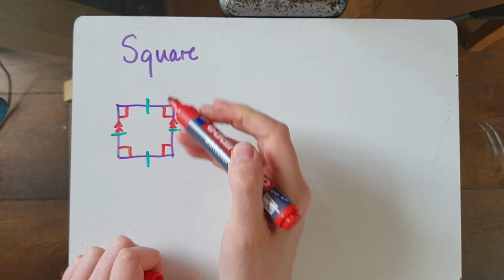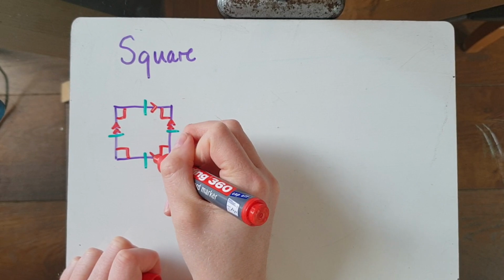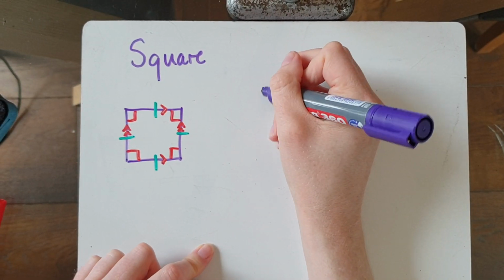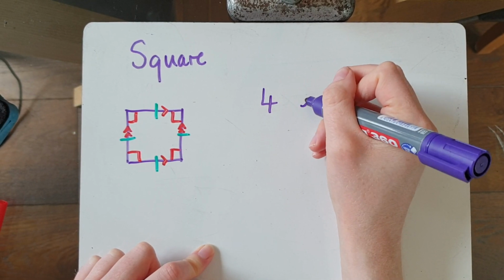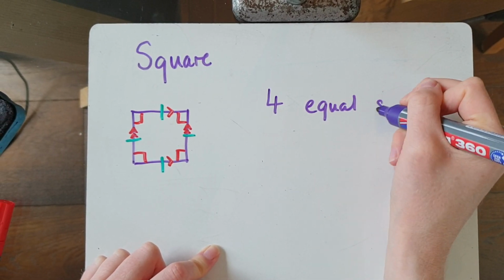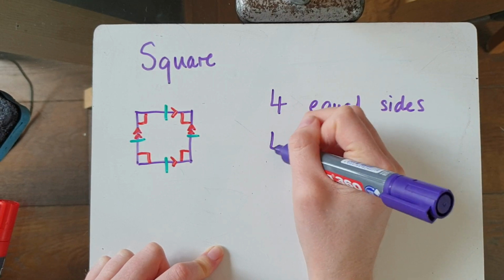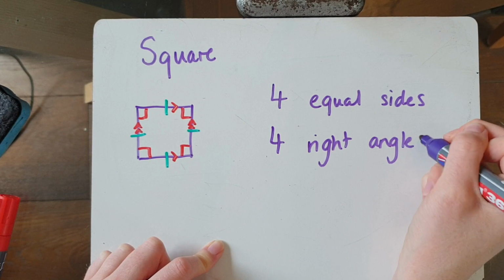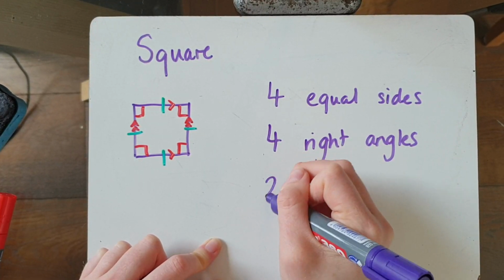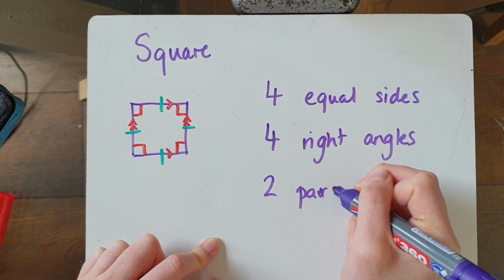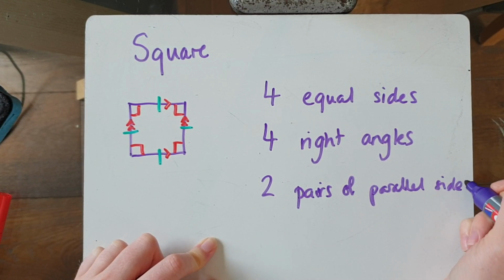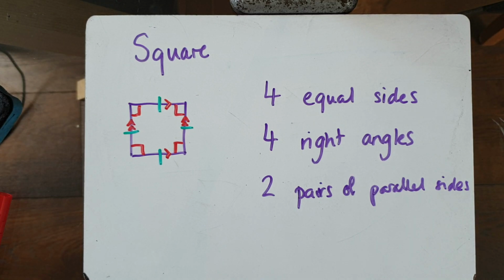So I'm doing double arrows on these 2 sides and single arrows on these 2 sides. So let's write those properties down. We've got 4 equal sides, 4 right angles, and 2 pairs of parallel sides. Okay, so pause the video to get that copied down and we'll move on to the next one.